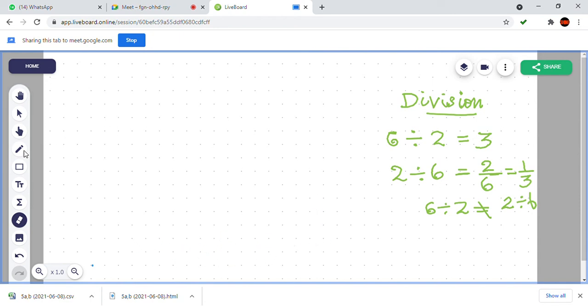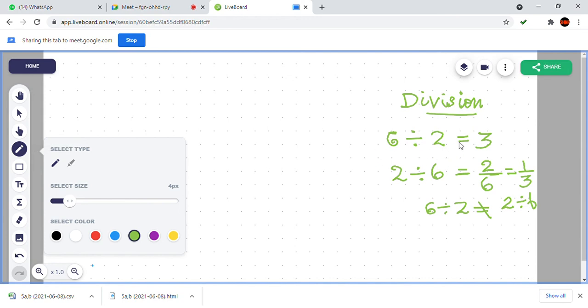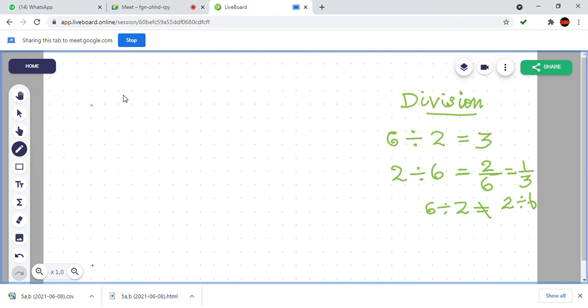Now you may think these are whole numbers, but actually 6 and 2 are also rational numbers, because 6 we can express as 6 by 1, which is of the form p by q. If I write 1 by 2 and 1 by 3, those are two rational numbers. 1 by 2 divided by 1 by 3, we can check. How can we divide two fractions?